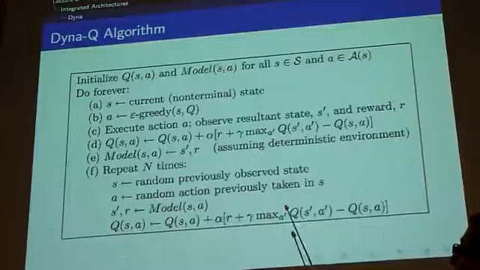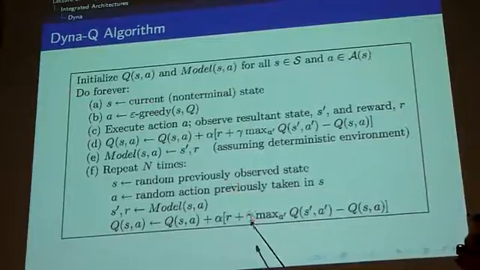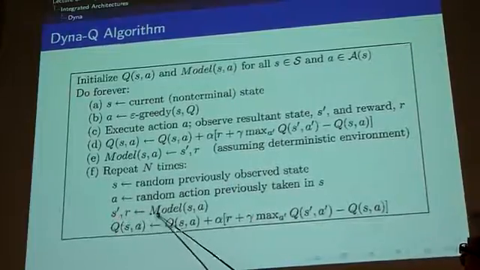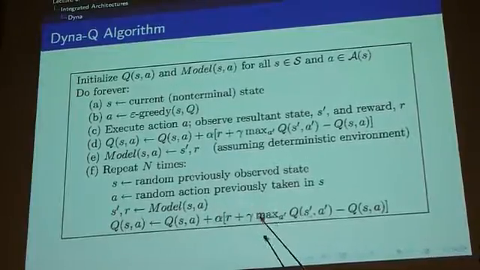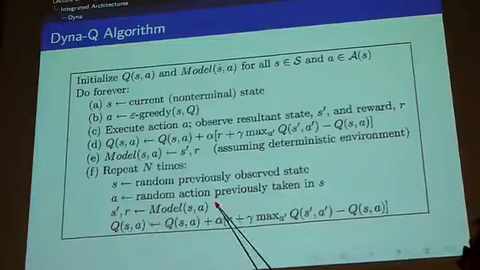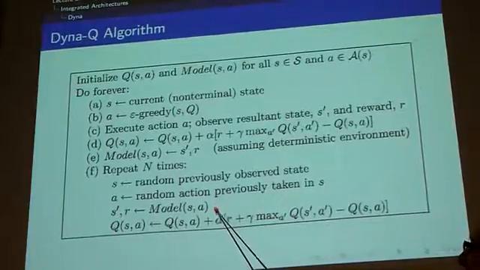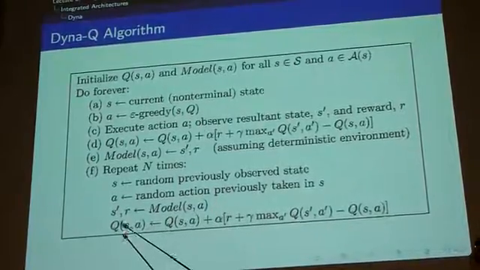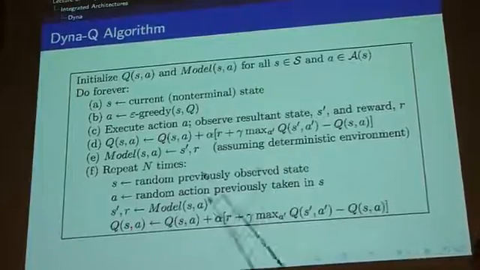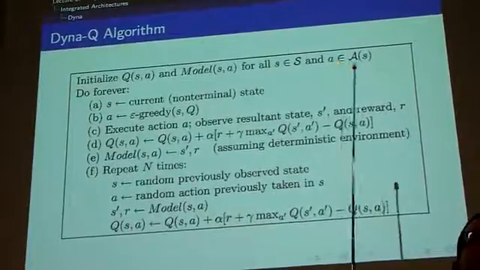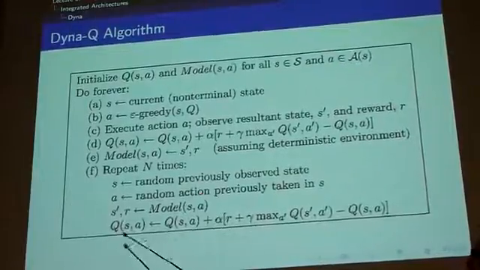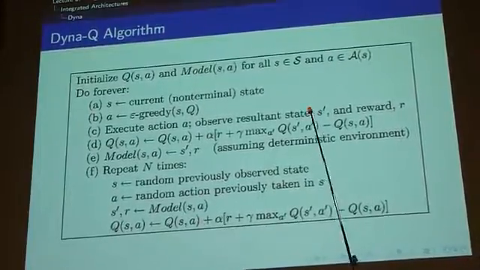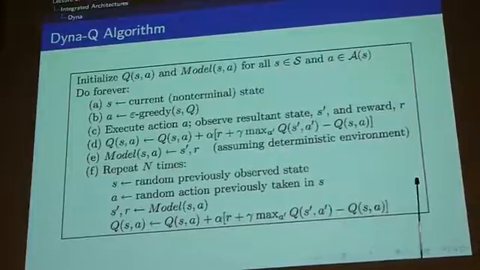It's going to imagine an action that it might take, use the model to imagine what would happen as a result of taking that action in that particular state, and then apply a Q-learning update from this hypothetical experience. So it's sampling experience from the model here and applying Q-learning as a result of that sampled experience.